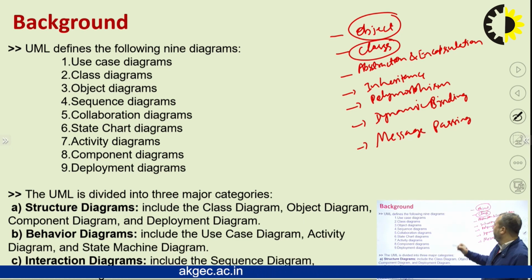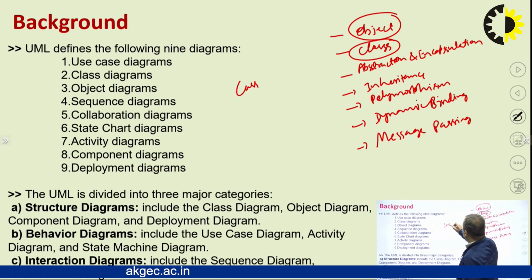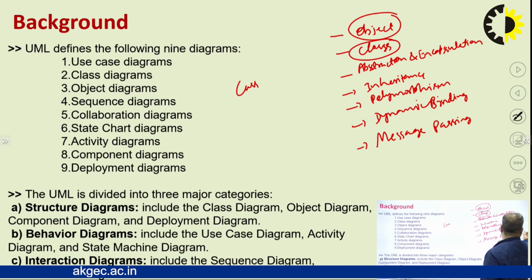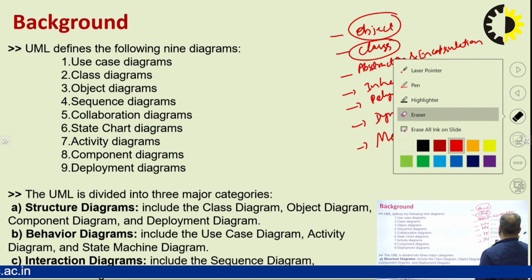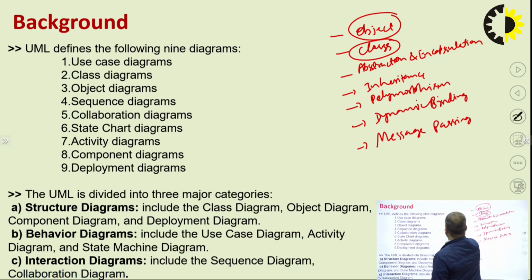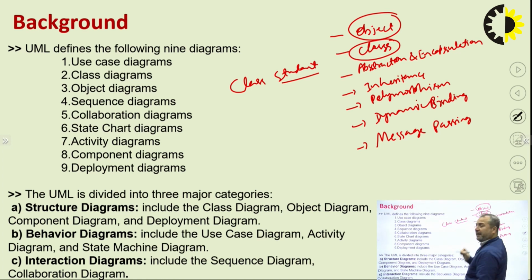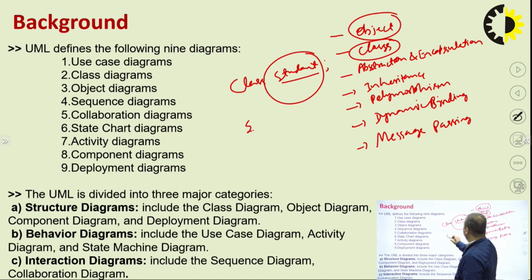For example, if we create a class student, this is a category just like a structure, and this becomes a data type. We can create as many variables of this data type student, like st1, st2, st3, and so on.